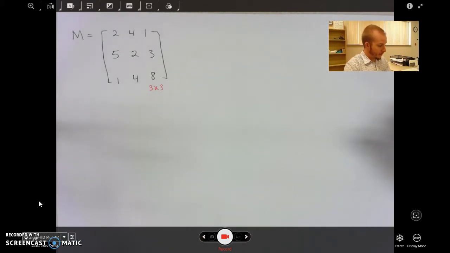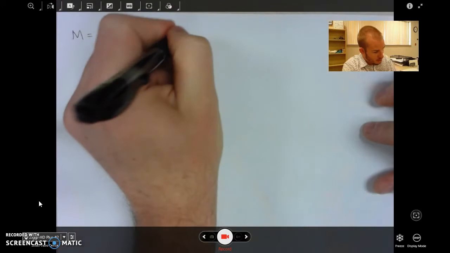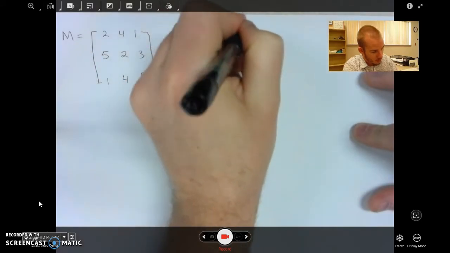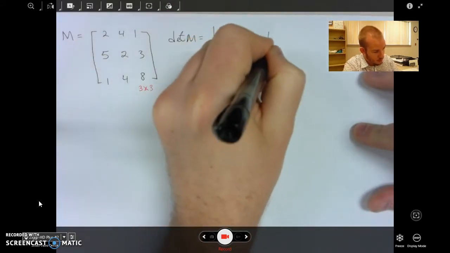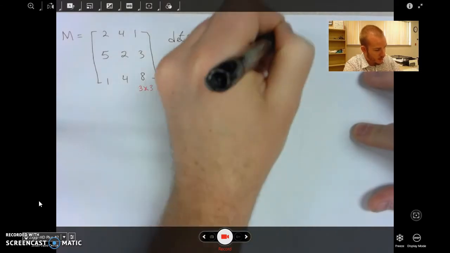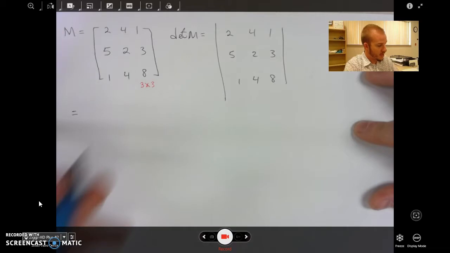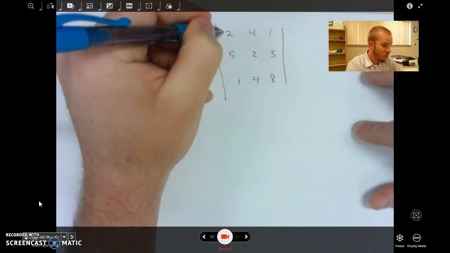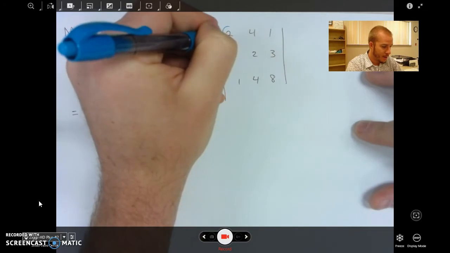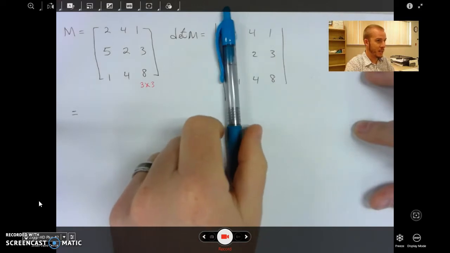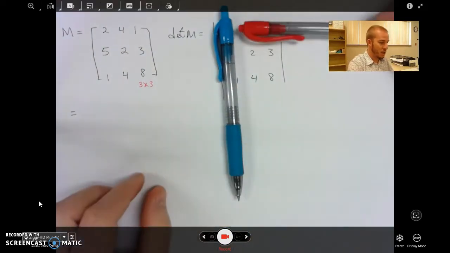Okay, now here's the tricky part. In order to find the determinant of my matrix M, it's going to equal, again, we're going to write this properly, 2, 4, 1, 5, 2, 3, 1, 4, 8, like so. And this is what you're going to do. You're going to take this number here, top left number, going left to right, the way we read, and you take this number 2, and if you were to block out that column and that row that it is in, you would find that it has a 2x2 matrix.